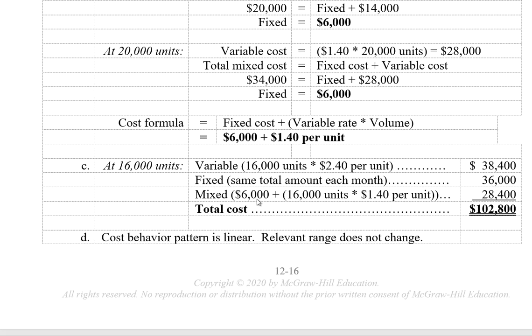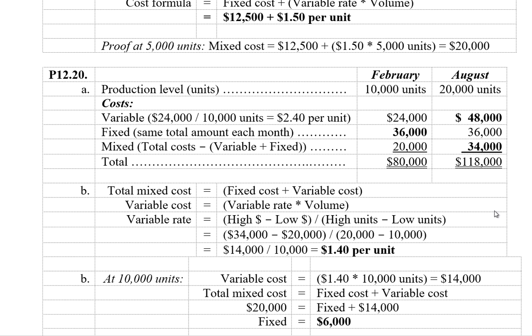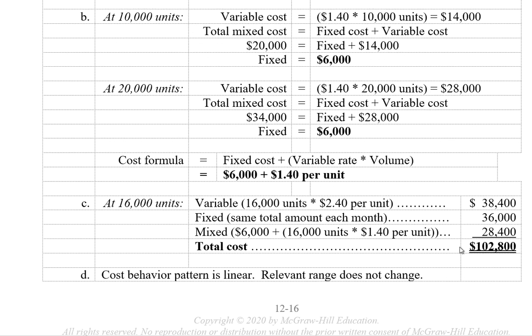And then we can take a linear formula here, 6,000 plus 16,000 units at 1.40, and we know our mixed cost then will be 28,400 for a total cost of 102,800. Now, if you look up here, you'll see that that's in between the 80,000 total cost and the 118,000 total cost. And that's because the number of units is in between these two. So this is the cost that you would have if you had 16,000 units.